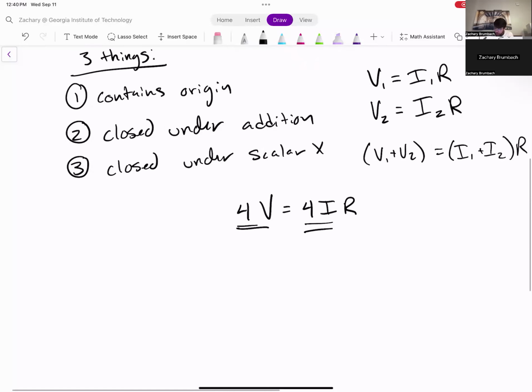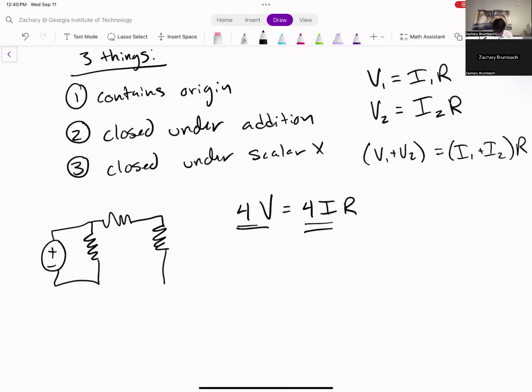What this looks like in an actual circuit, for instance, is if I had a circuit that looks like this, with 3 resistors. Call this a 5-volt supply, and the voltage from here to here is 2 volts.